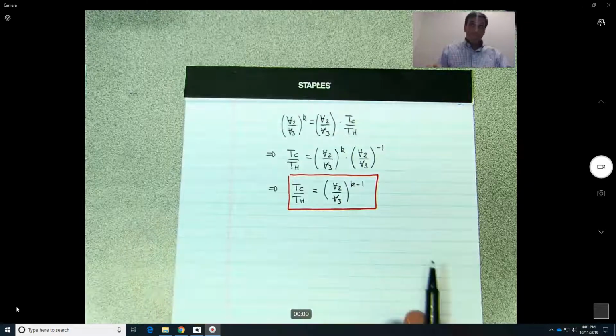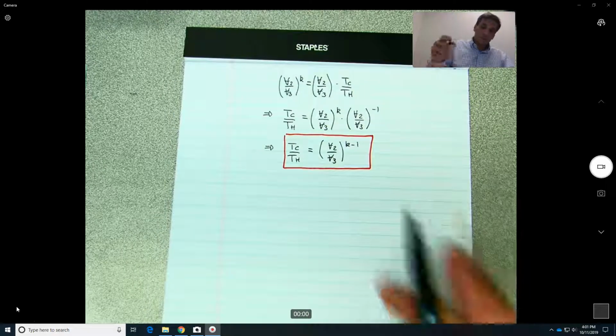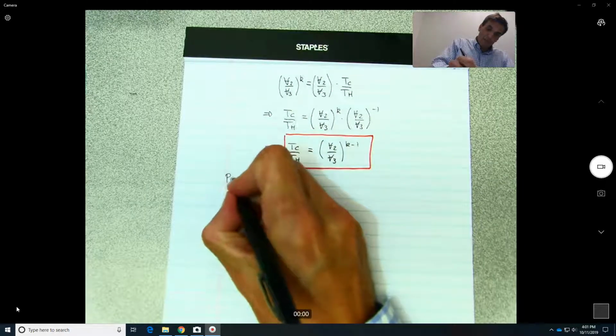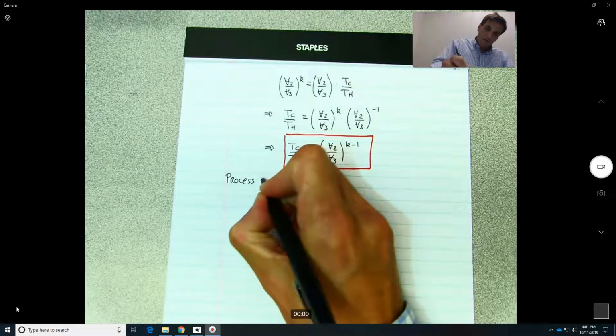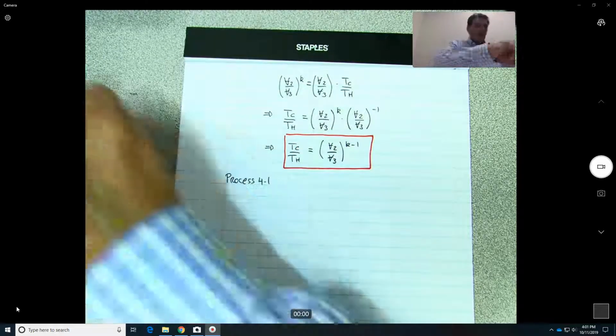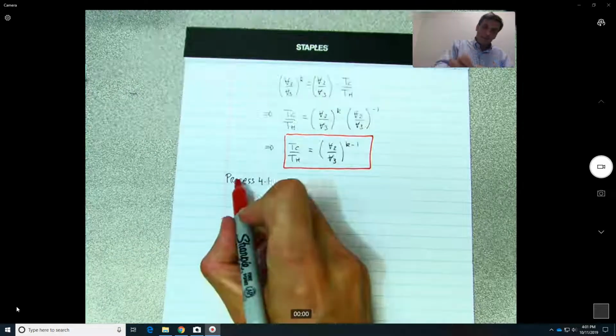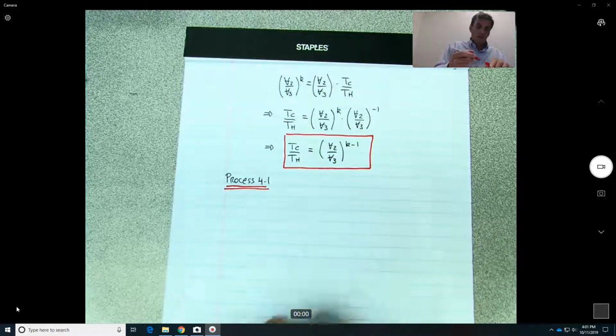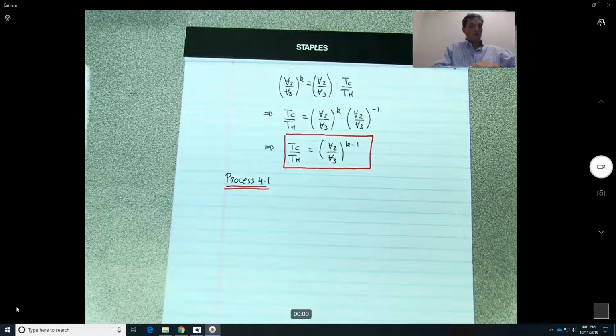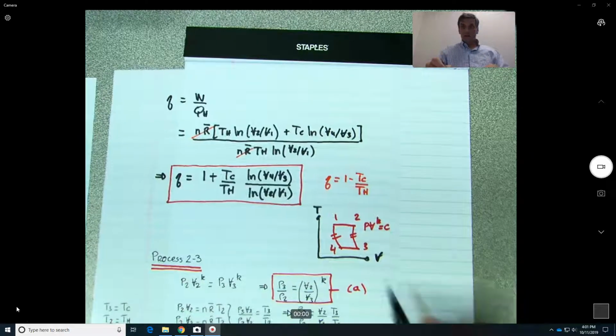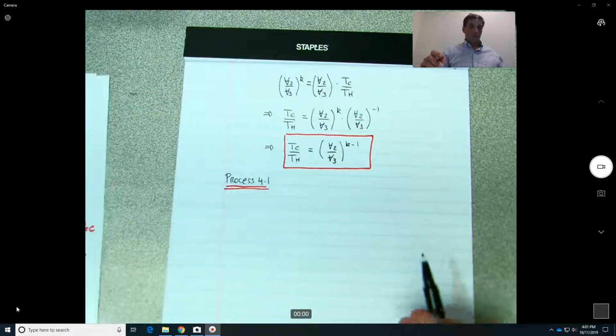Okay, now we do exactly the same thing for the process 4 to 1. So remember 4 to 1 is this one over here. So exactly the same thing.